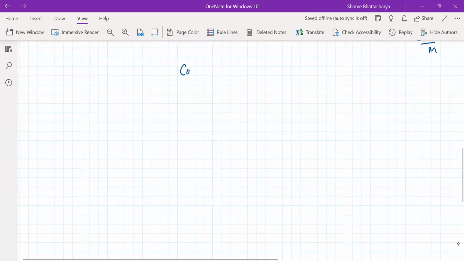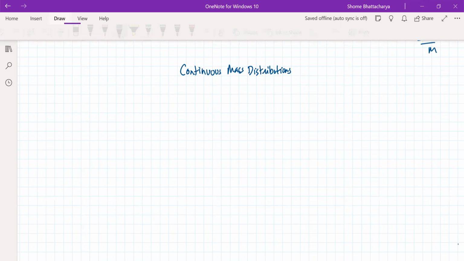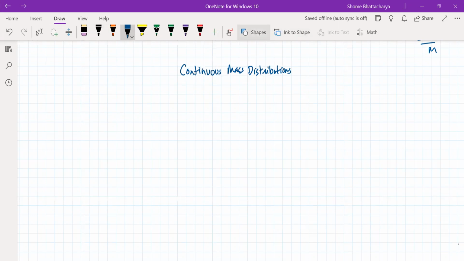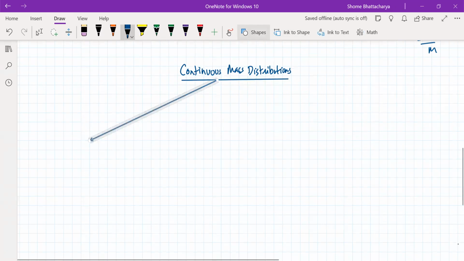So continuous mass distributions are further divided into subcategories. The first category we'll see is what we call a linear distribution of mass. That means mass is distributed over length.